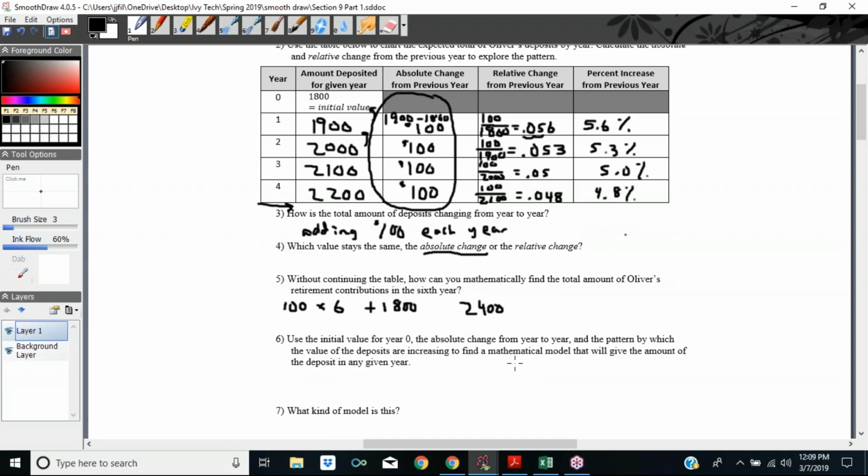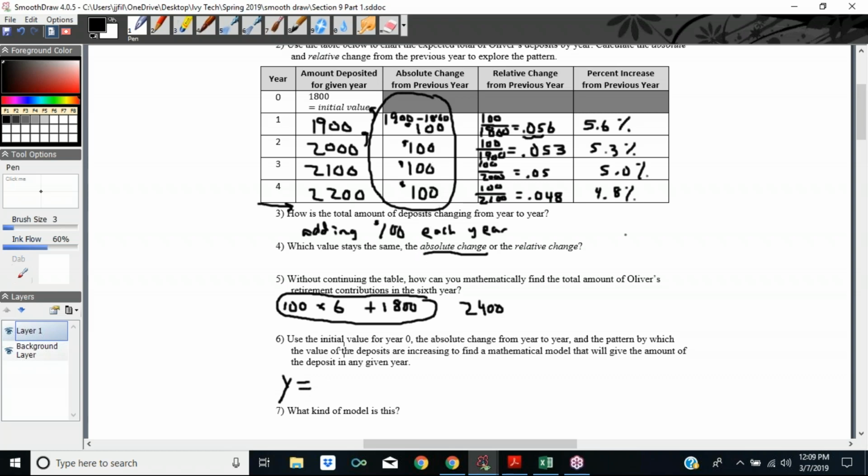So it says use the initial value for year 0, the absolute change from year to year, and the pattern by which the value of the deposits are increasing to find a mathematical model that will give the amount of the deposit in any given year. So this is almost the model right here. Remember, the model has a y and an x in there, 2 variables. We'd say y equals m, the slope. So the slope is the rate of change.